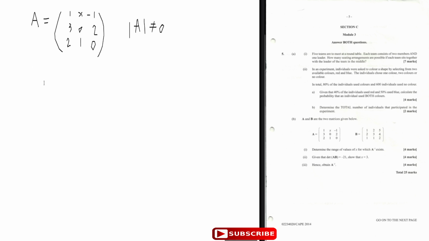So using column 1, the determinant of A is going to be equal to 1 times the determinant of 0, 2, 1, 0, minus 3 times the determinant of x, minus 1, 1, 0, plus 2 times the determinant of x, minus 1, 0, 2. Nice and easy. That's the determinant of A.